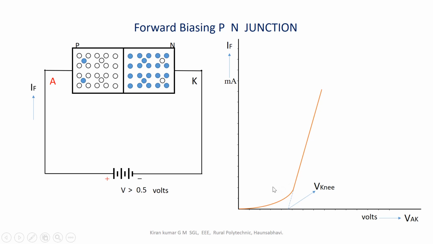Now we say that the diode is completely forward biased to conduct the current freely with no resistance at the junction. This present condition of the diode is called the forward bias condition of the diode, and the diode is assumed to be acting like a closed switch when it is forward biased.